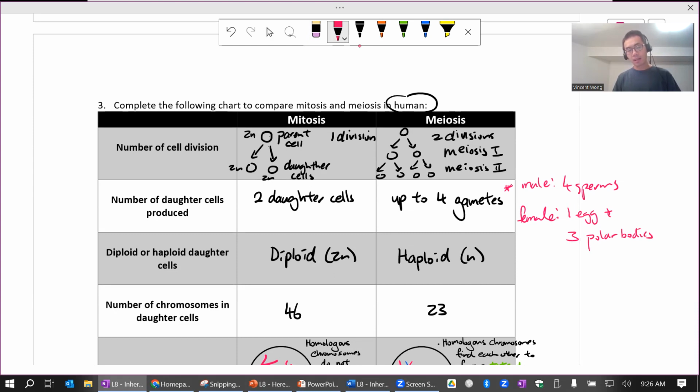Sometimes you just get one polar body, like the polar body that you get from the first time doesn't divide again, right? Then you just have one, but it doesn't matter. The polar bodies are not going to do anything anyways. Are we together?